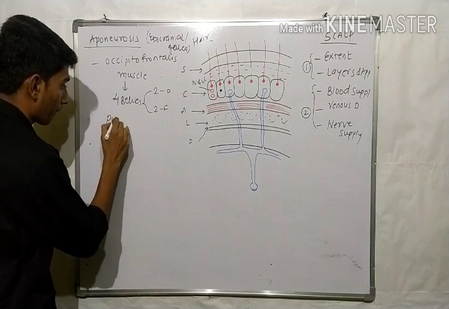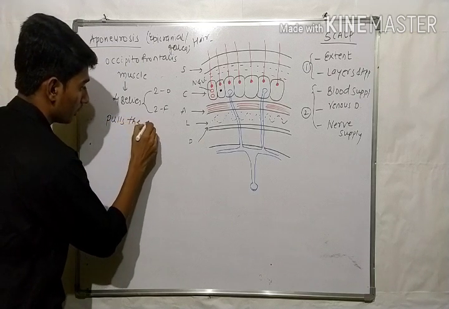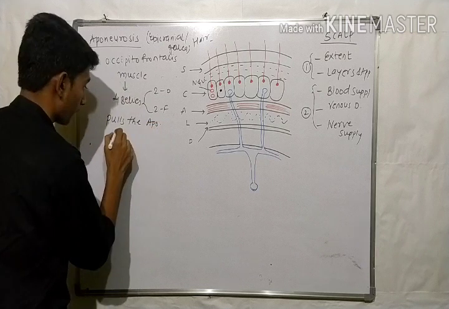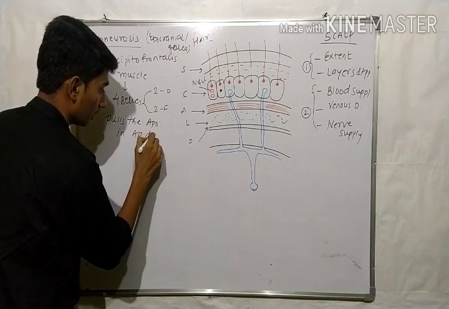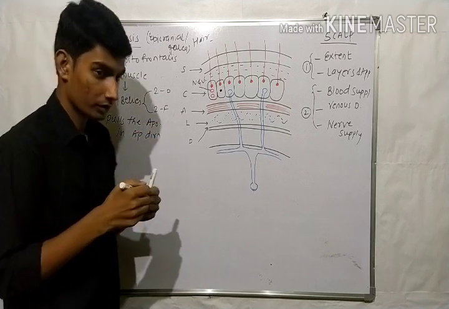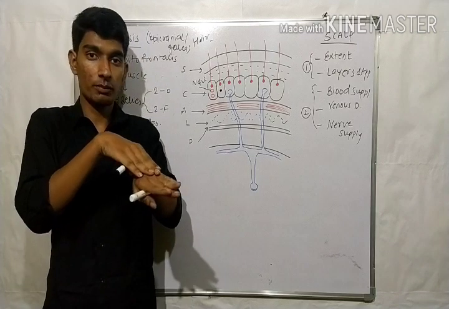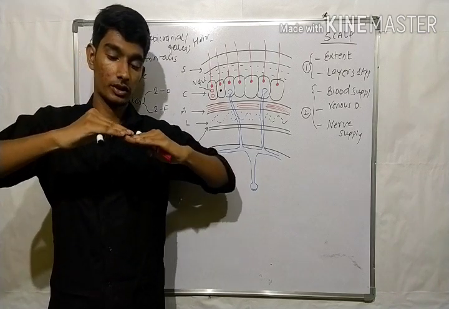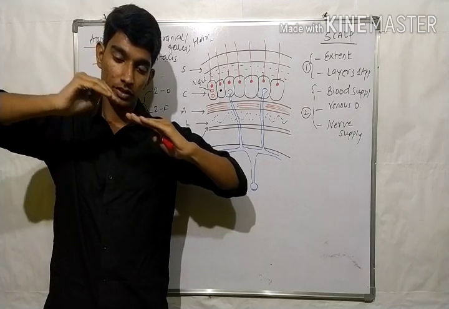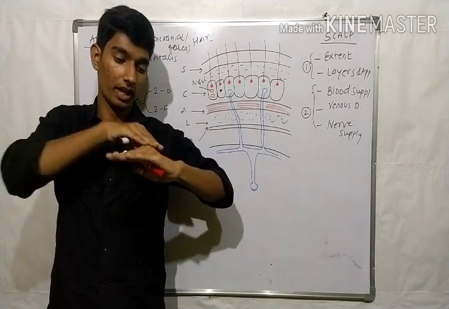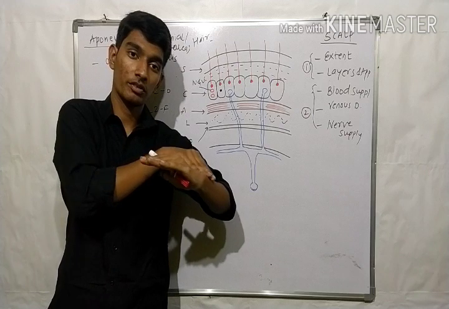How? Suppose this is the aponeurosis. The occipital bellies pull the aponeurosis in anterior direction, and frontal bellies pull the aponeurosis in posterior direction.